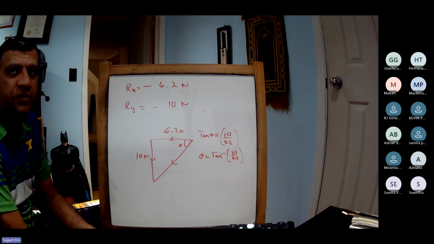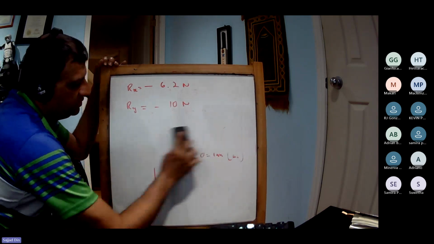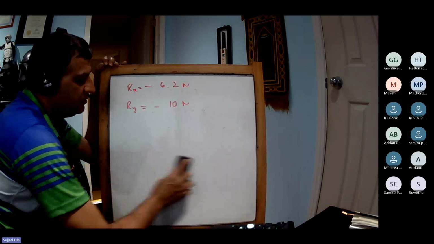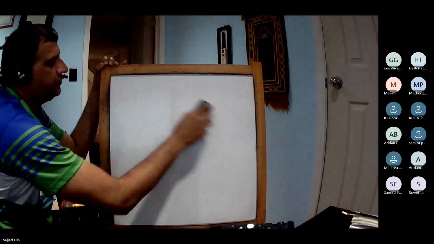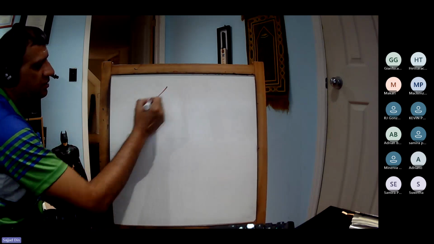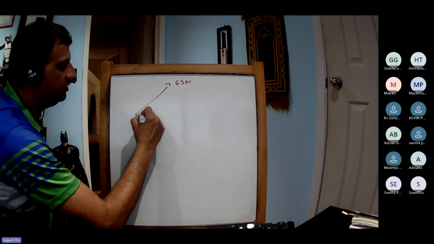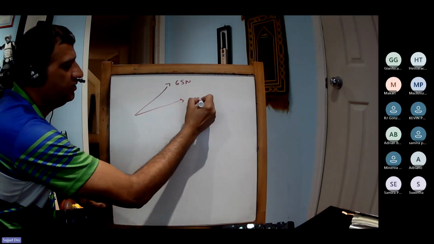I'm hoping that you do understand this because it's going to be important. I want to share with you an insight into something else. In one of the questions, you have 65 newtons, then you've got 35 newtons.